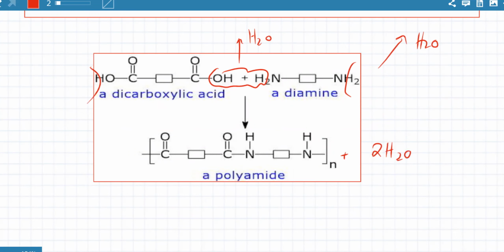So is delta S negative or positive? You had two monomers, and now you have a polymer plus two water molecules as well. That indicates that there are more particles being produced, so there's going to be more disorder.